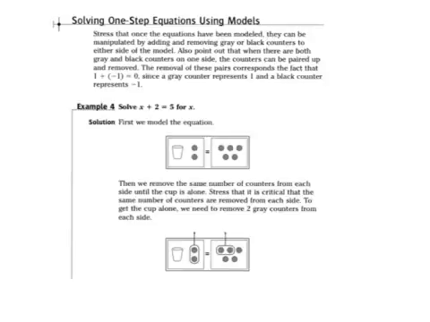So let's look at first our model. We have 1x, so we have 1 cup, plus 2, so 2 gray tiles for our positive, equals 5, so we have 5 gray tiles. We remove the same number of counters on each side. So since I have 2 counters here, I can actually remove 2 counters here, and that's what this step is doing. These 2 are taken out, or they eliminate each other.